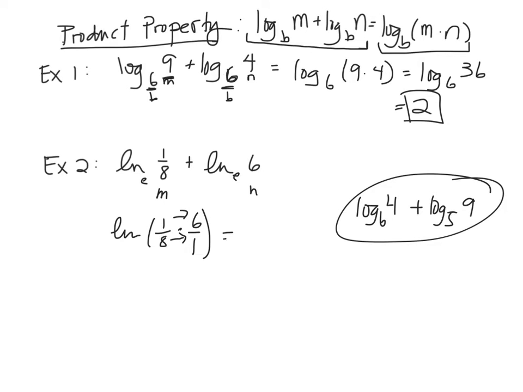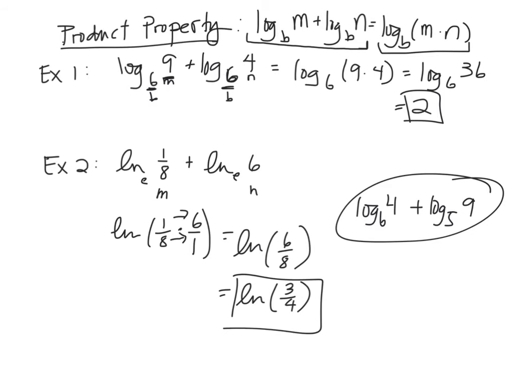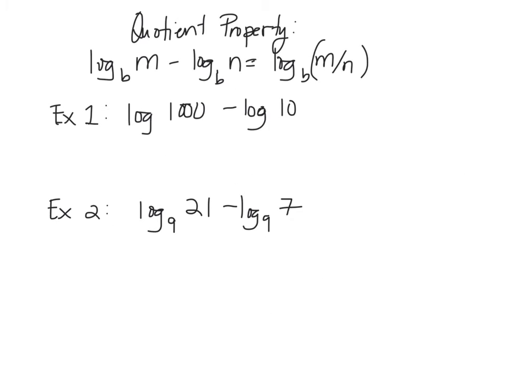So we get ln of 6 over 8, which simplifies to ln of 3 over 4. This is not something we can solve without a calculator. If your teacher asks you to use the calculator, feel free to do so. But this would just be left like this on one of my exams.